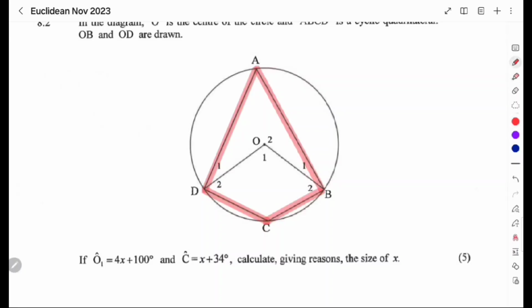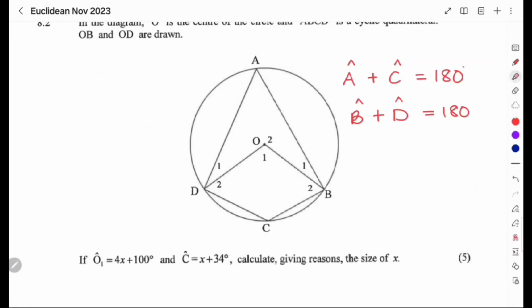So here you should be able to see that the angle A plus the angle C is equal to 180. In addition to this, the angle B plus the angle D, or you could say the whole of B and the whole of D, is equal to 180. In addition to this, you should be able to notice the theorem that we previously proved.